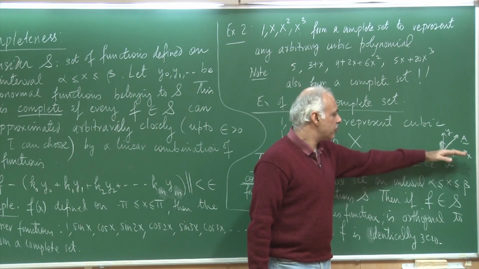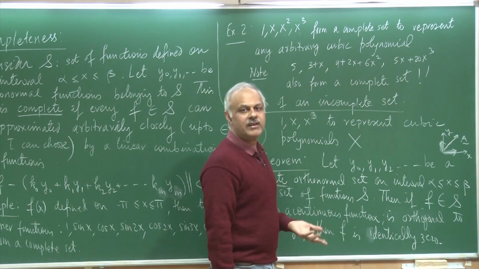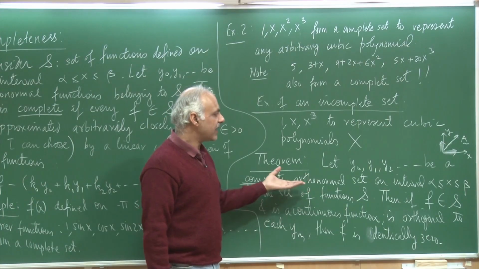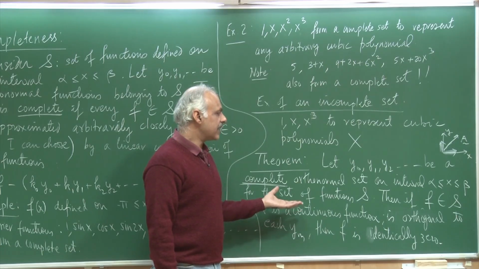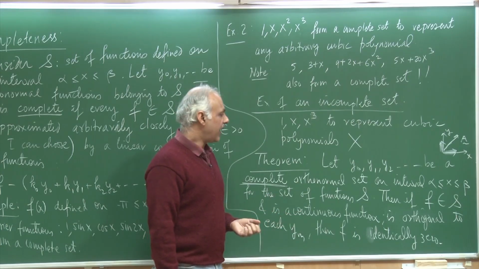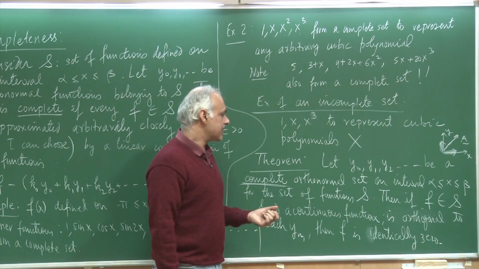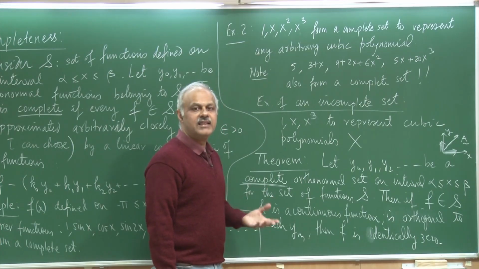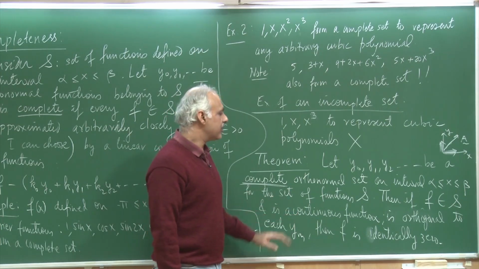So if A has no projection along x, it has no projection along y, obviously it must be a zero vector. I can extend this to 3 dimensions, and likewise I can also extend it to a function. So what we are saying is that if there is a function f and all the Fourier coefficients are 0, so it is orthogonal to each element of the Fourier series, then that function must be 0. This is a very important result and we will use this in the next few lectures.